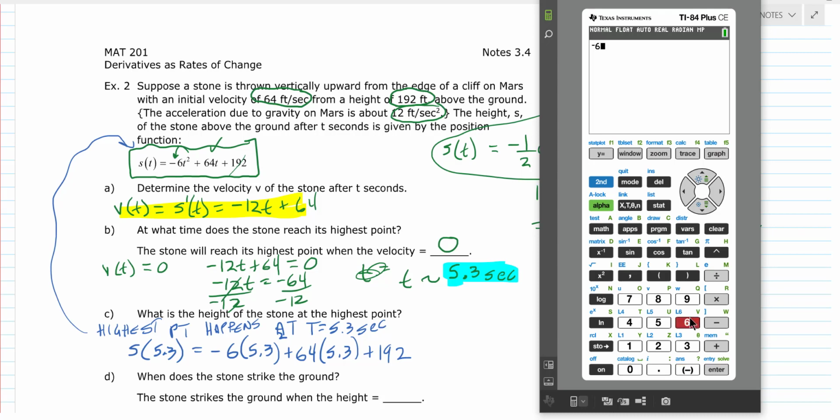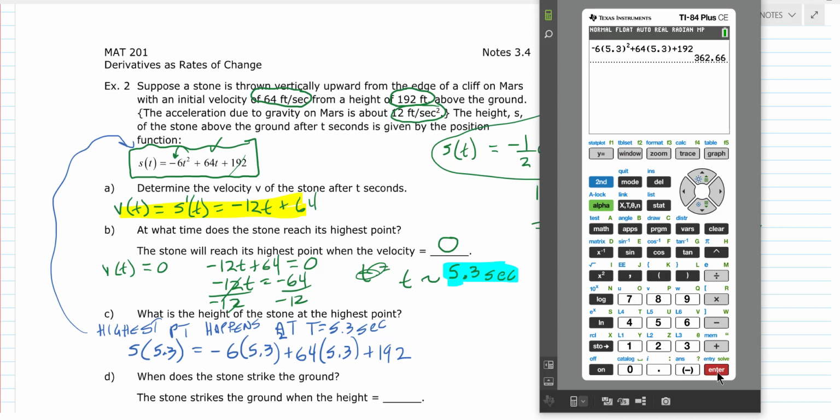So let's see, negative 6 multiplied by 5.3 to the second plus 64 times 5.3 and then plus 192. And this will give us what that height is.